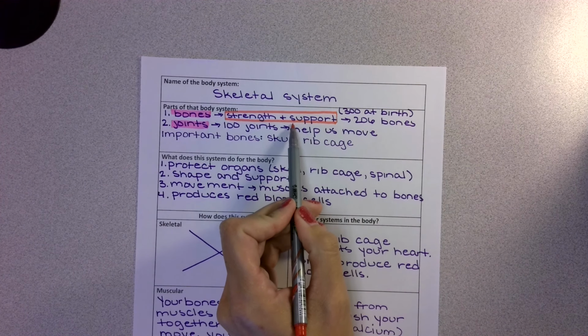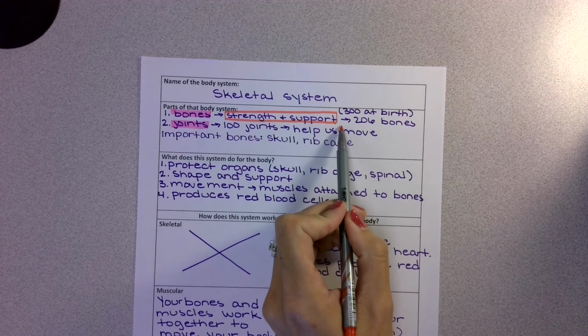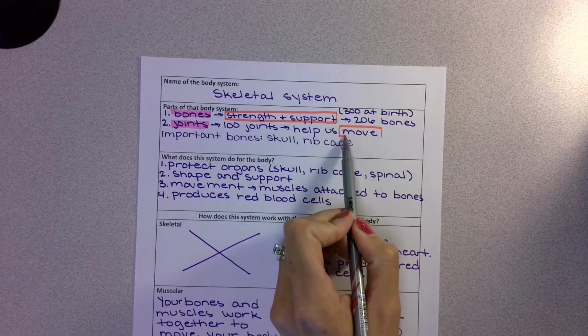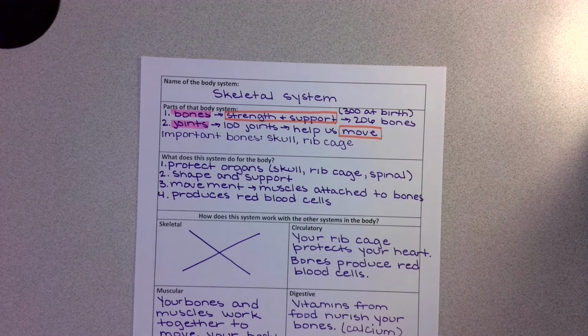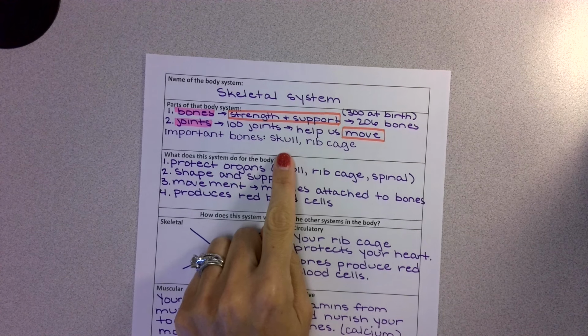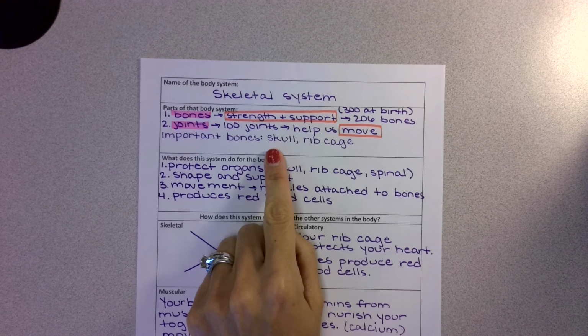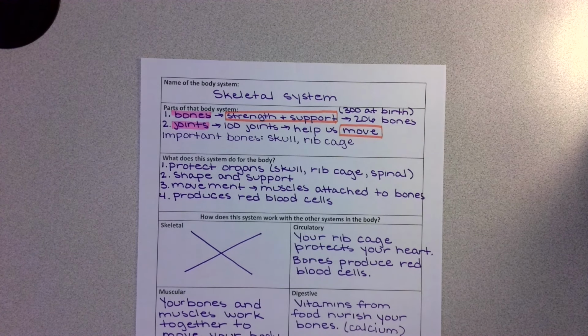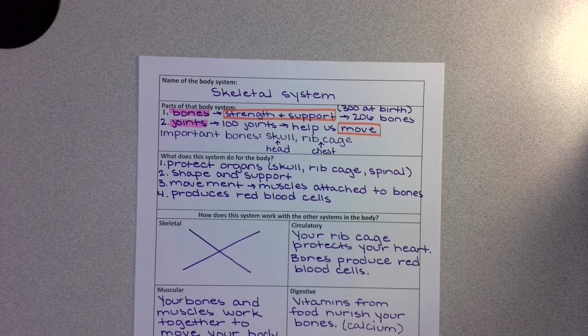Joints help us move. Okay. Two very important bones that we'll talk about a lot are your skull, which is in your head, and your rib cage, which is in your chest. Those are two very important bones.